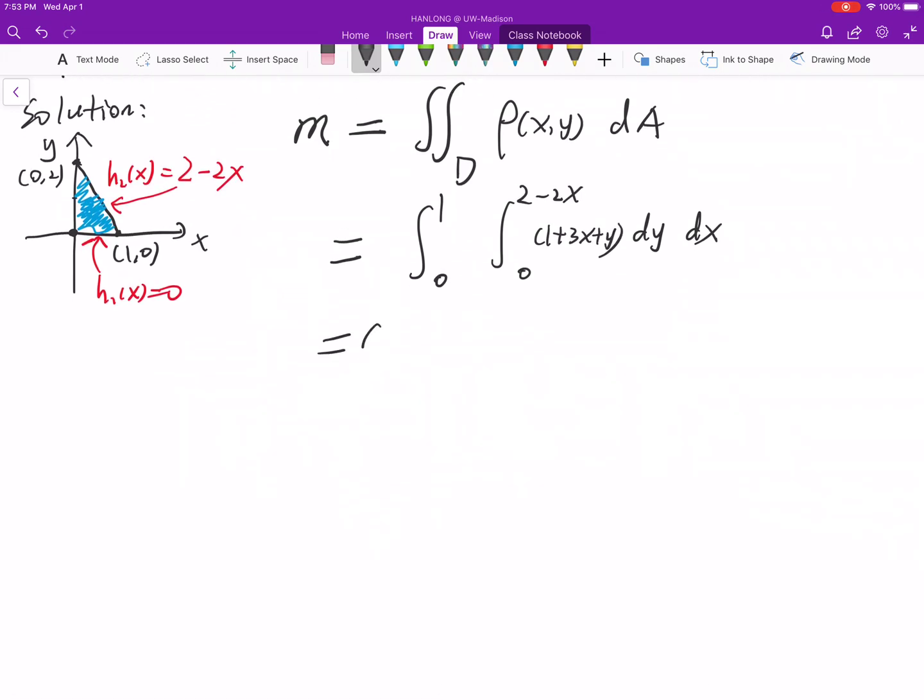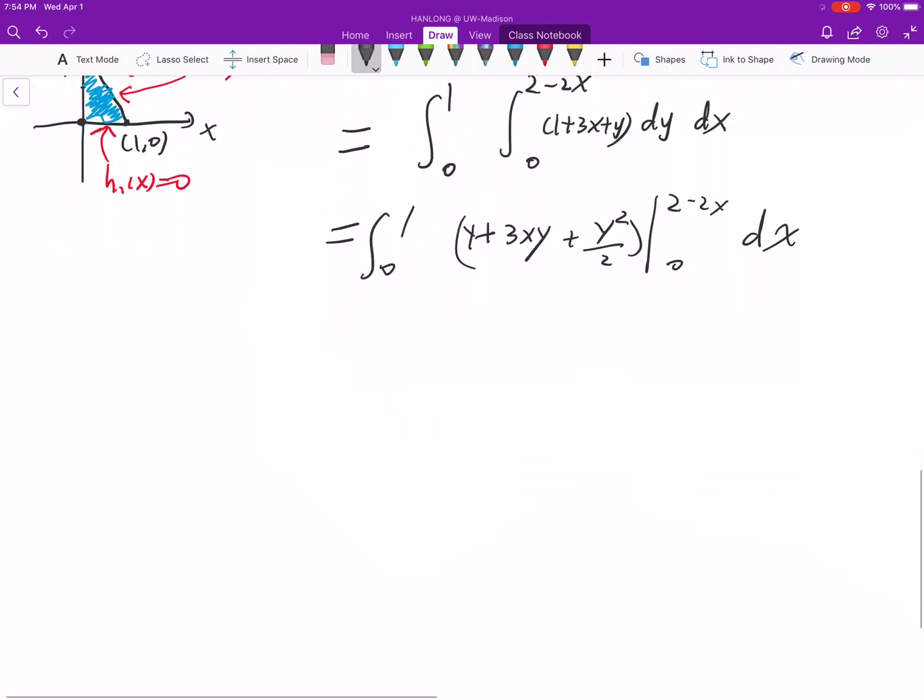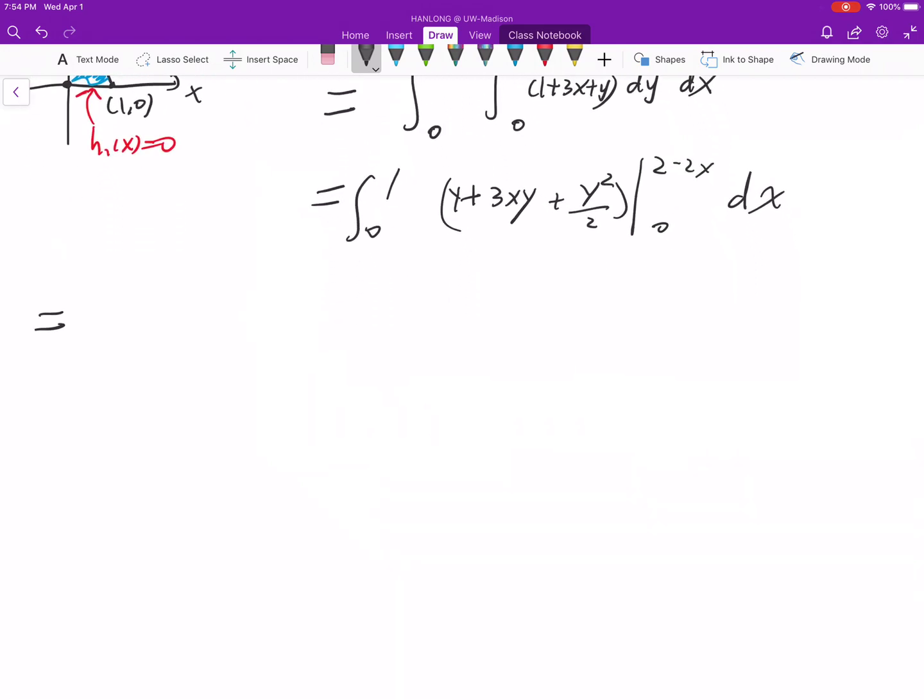Then we can do integration one by one. So first you have y plus 3x y plus y squared over 2, from 0 to 2 minus 2x, dx. And then you evaluate the integrand. You have 2 minus 2x plus 3x (2 minus 2x) plus (2 minus 2x) squared over 2.